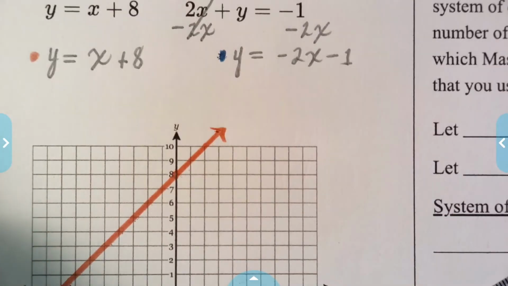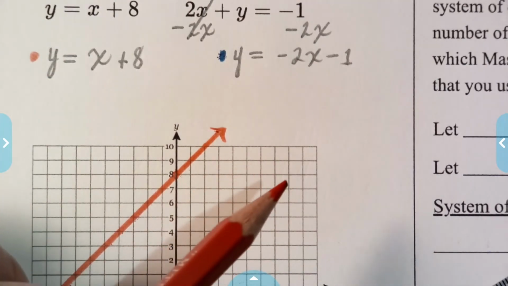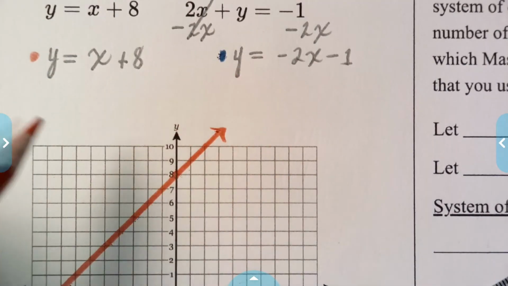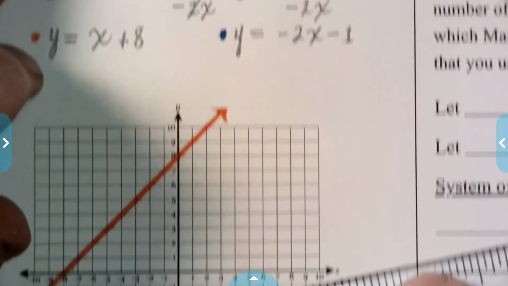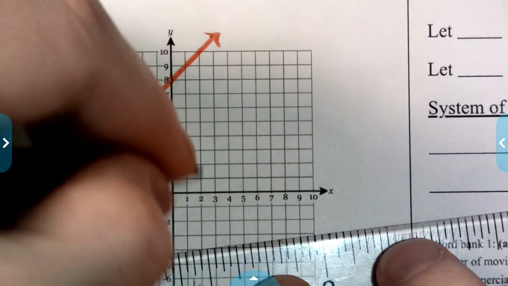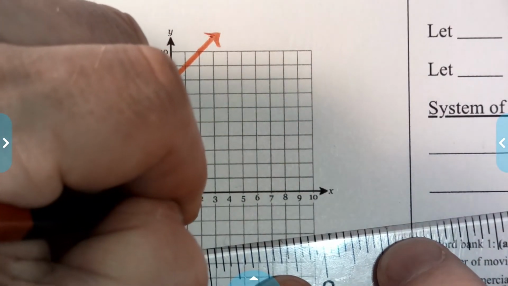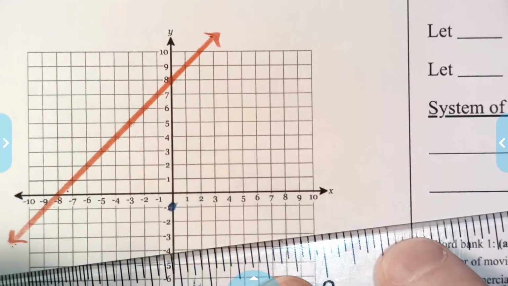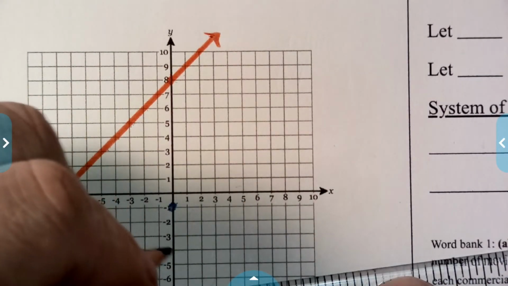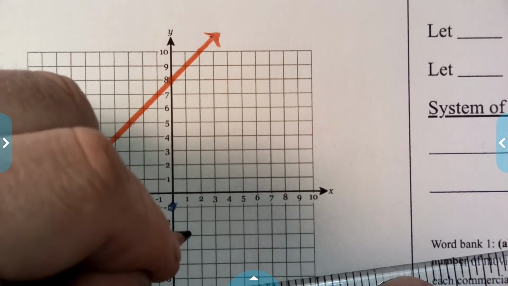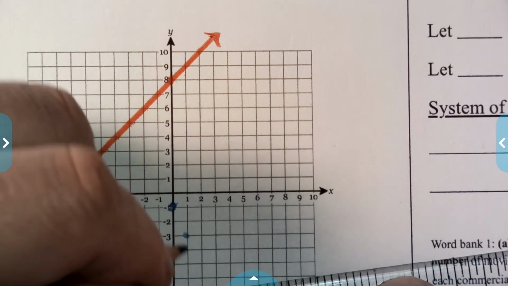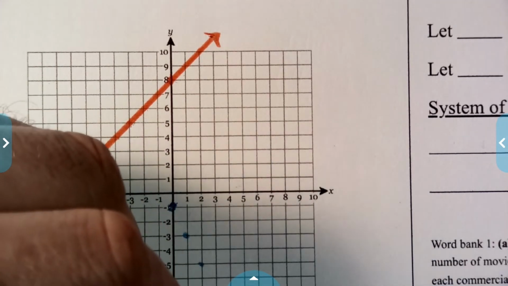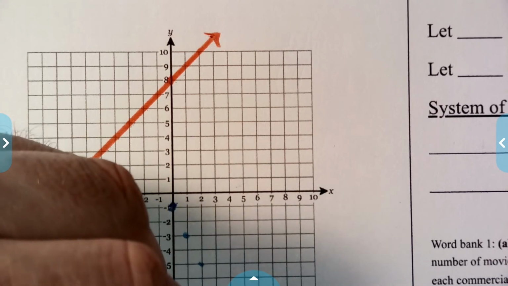Now the blue line, y-intercept at -1 and then down 2 over 1 for slope. So first y-intercept at -1. And then it's down 2 over 1. Down 2 over 1. Down 2 over 1.